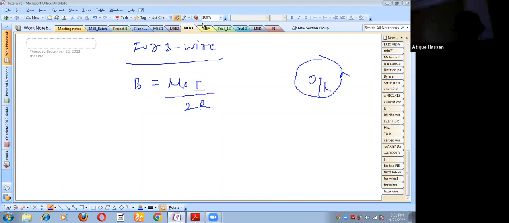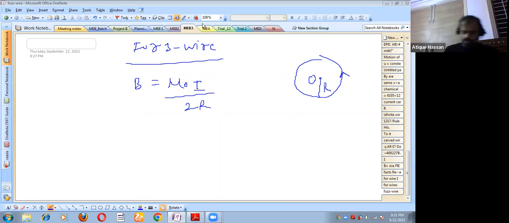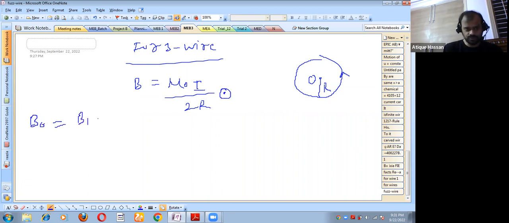Sorry for the interruption. So we have got the magnetic field B equal to mu naught I by 2r, and obviously the magnetic field will be in the outward direction. Now to find the total magnetic field, we will add the magnetic field due to the first wire, the second wire, and the third wire.